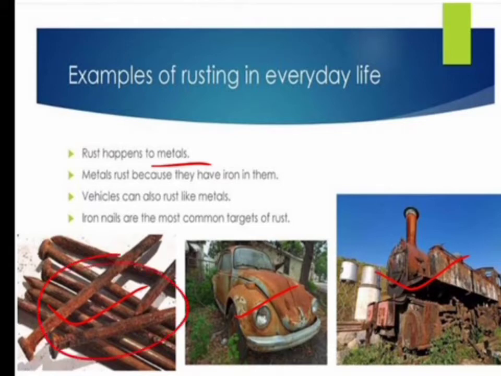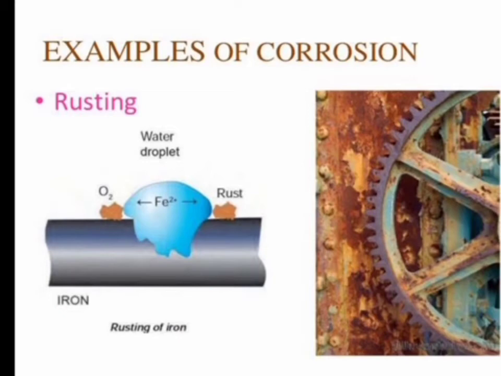Iron nails are the most common target of rust. This is also an example of rusting. Different types of machines which are present in open areas are also rusted. Rusting slowly destroys the substance or the material completely.